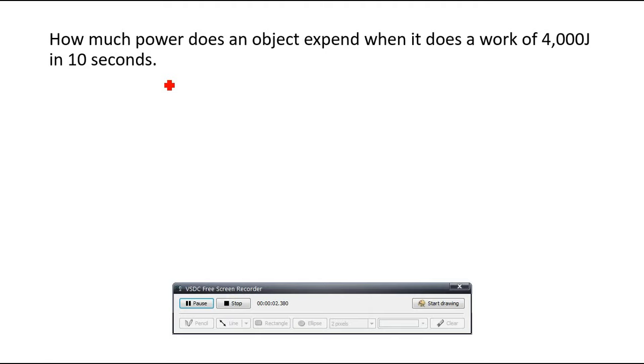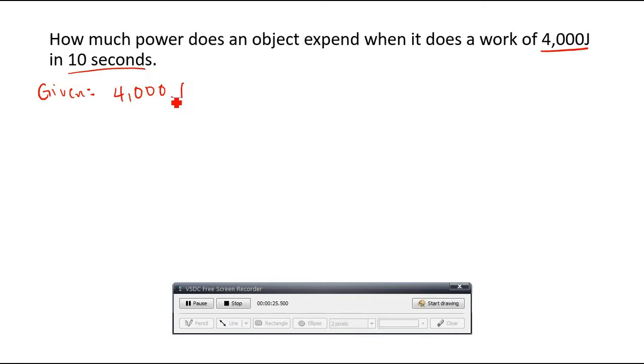Okay, so let's have our first problem for power. How much power does an object expend when it does a work of 4,000 joules in 10 seconds? Basically, this is very easy. You first identify the given values. You have 4,000 joules and 10 seconds.